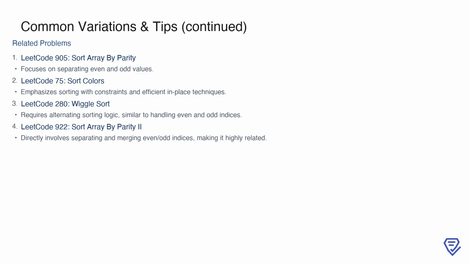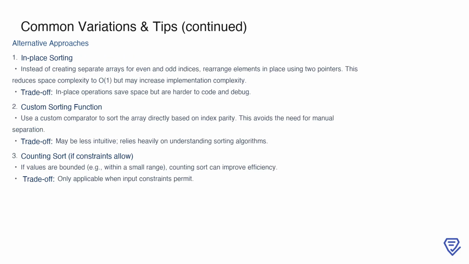Finally, LeetCode 922, Sort Array By Parity II, is perhaps the most directly related. It involves separating and merging even and odd indices, making it an excellent practice problem for refining the techniques used in this challenge. Exploring these problems will not only give you more practice but also help you identify common patterns and solutions.